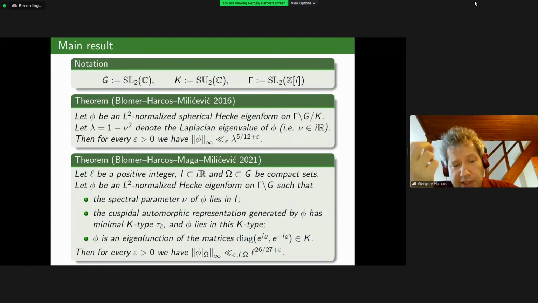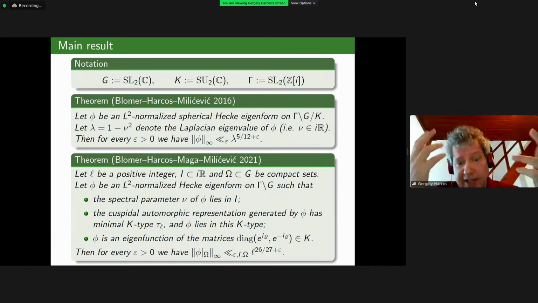And the minimal K type, that you can also call minimal weight, although my co-authors don't like this word, we assume is tau L. So L stands for the minimal weight, so to say. Minimal dimension is 2L plus 1 of the occurring K types.